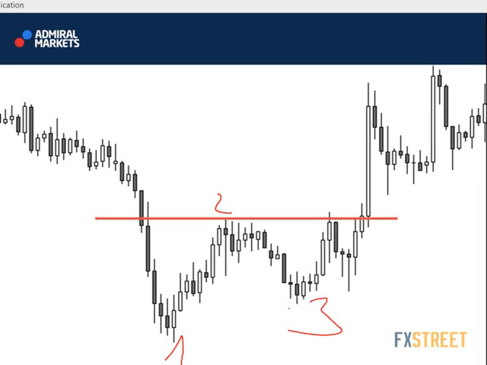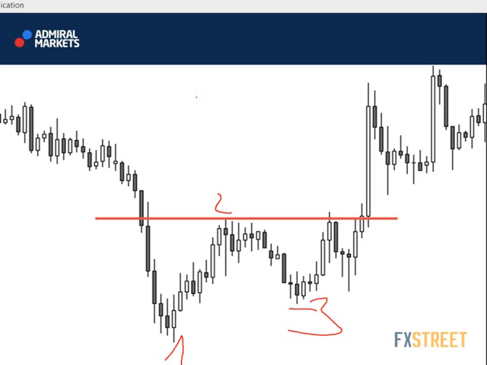Usually stops are placed below point 3 because this is a bullish pattern. We always trade this pattern to the upside, and once point 2 is broken, we place our stops here, and we need to decide which one of those entries we would go with.